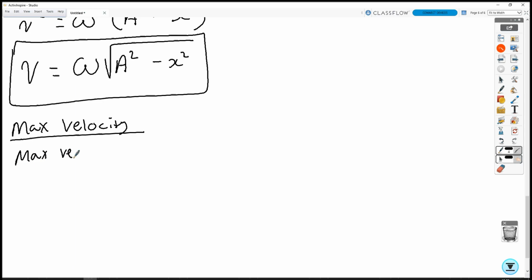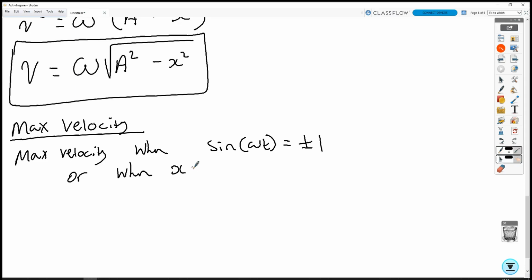So max velocity when sine omega t is equal to plus or minus 1, or when displacement equals 1. Sorry, displacement is equal to 0, not 1.